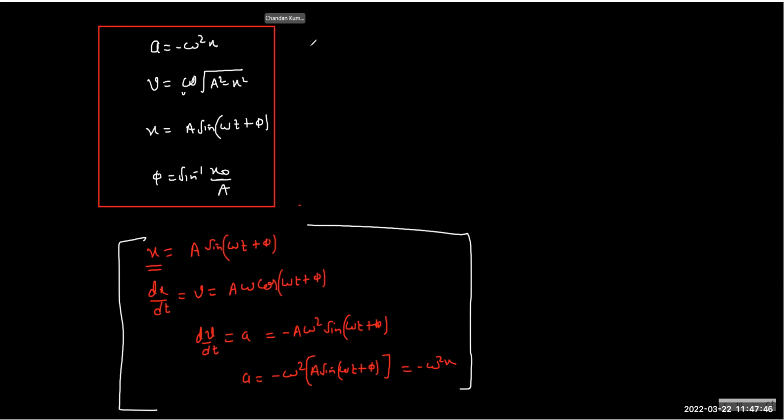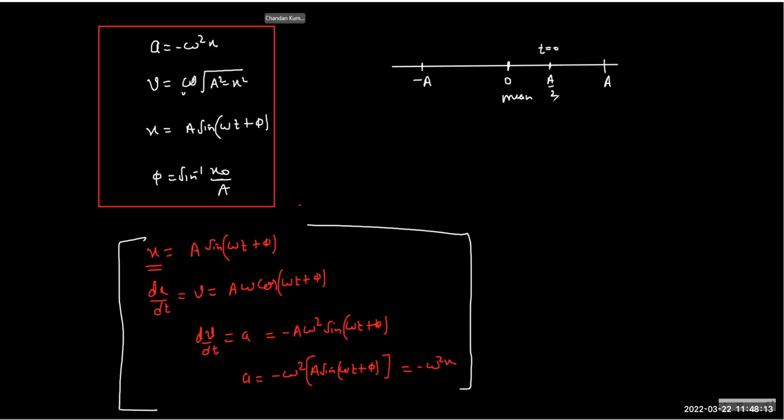Good. So let's say you're performing SHM, and let's say I take the mean as over here, just to make things clear. This is x naught, or maybe I can call it t equals 0.